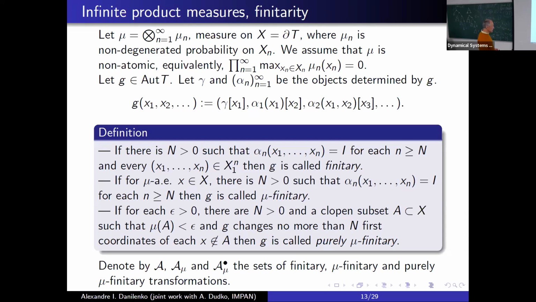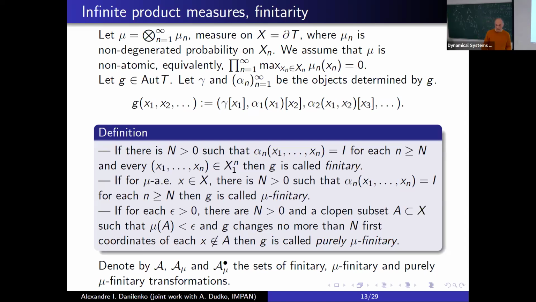Let us compare the second and third. Of course, if g is mu-finitary, we also can find for every epsilon some n and some Borel subset A, even closed, such that the measure is less than epsilon, and g changes no more than the first n coordinates of each x out of A. But this set is not necessarily open; it should be closed, but not open.